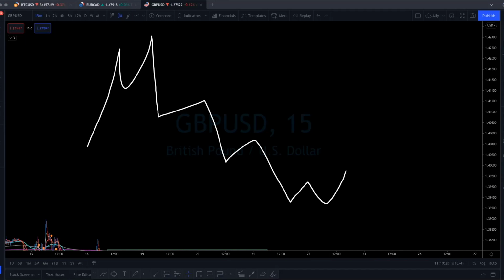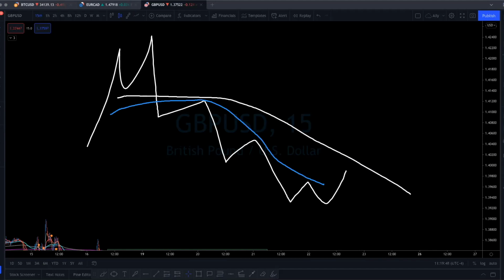So you're going to have at least, let's focus on the bigger ones, the 50, 200, and the 800. So the 50 is going to be like this. The 200 would be like this, and then the 800 would be all the way like this, right?